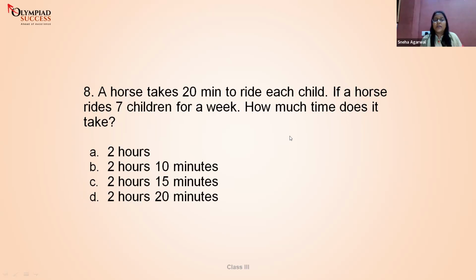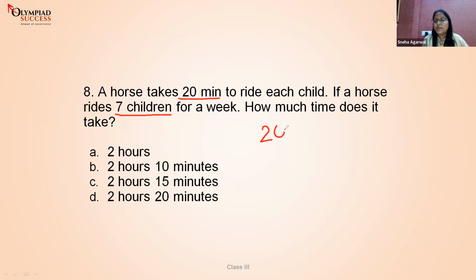Okay. See, if it is not clear, beta, you can ask me, okay? Feel free to ask me. If it is taking 20 minutes for riding one child, and you have 7 children over here, what will you be doing? You will definitely be multiplying, right?